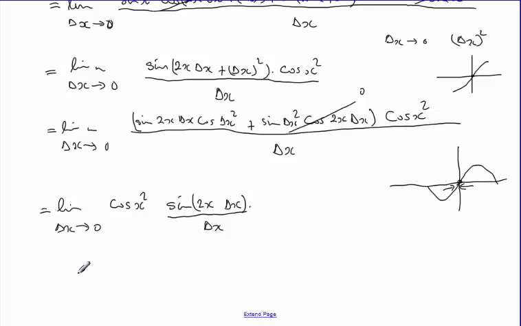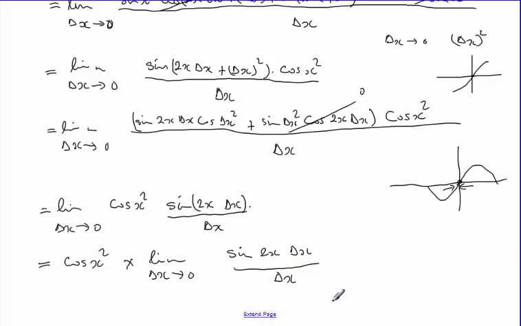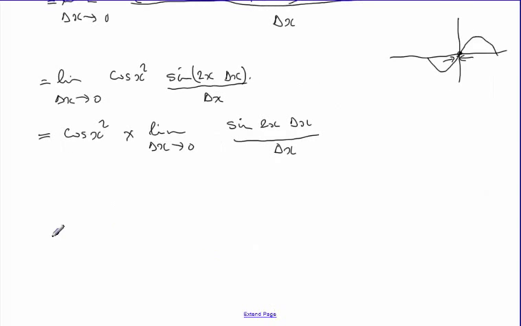What can we do here? We can write this as cosine x squared multiplied by the limit, as Δx goes to 0, of sine 2x Δx over Δx. Then what?